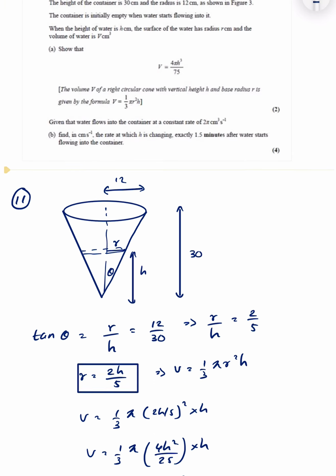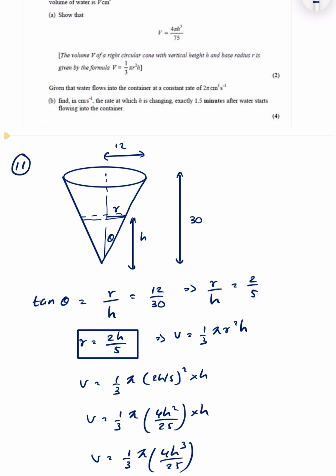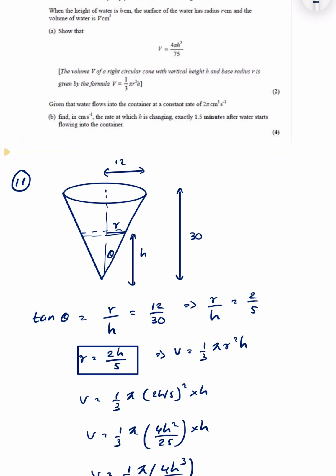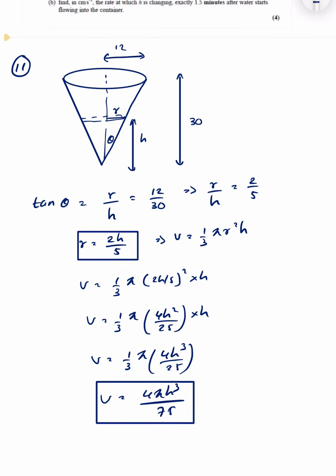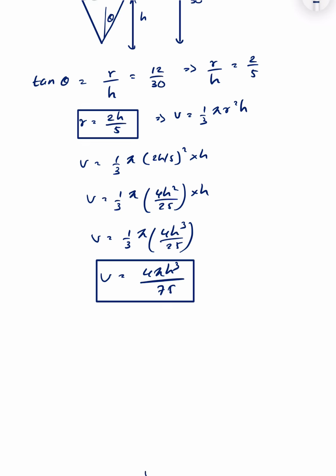So part B, they also say that water flows at a rate of 2 pi cubic centimeters per second. So find the rate of change of height over time, which is dh by dt at 1.5 minutes. First, we need to find what is dh by dt.